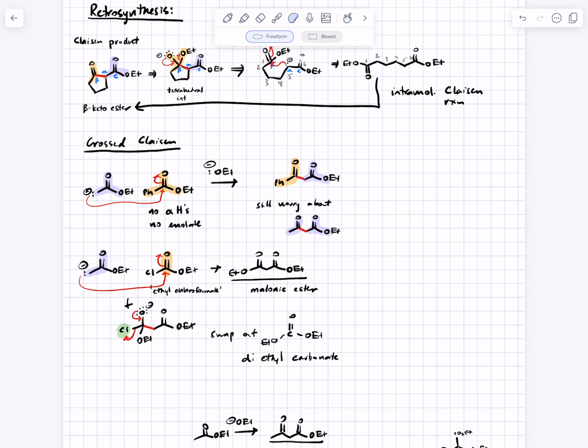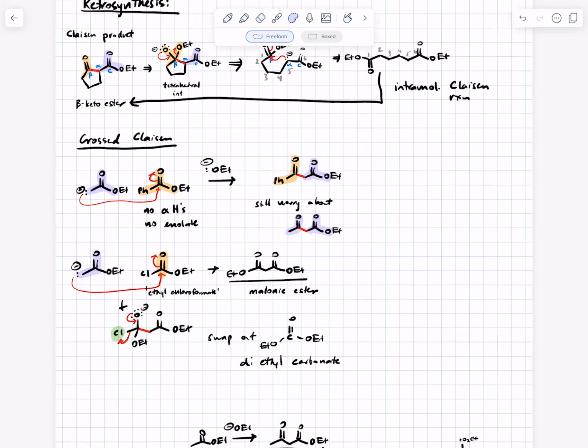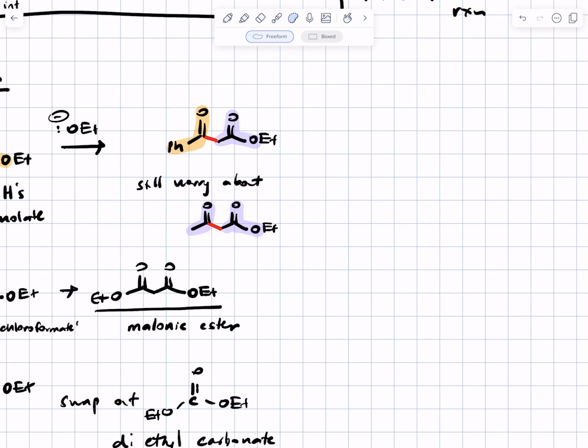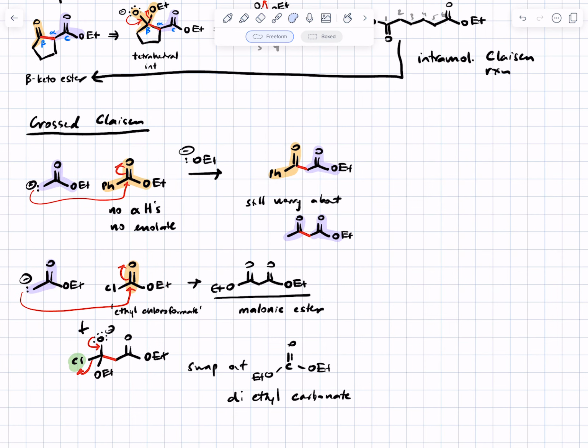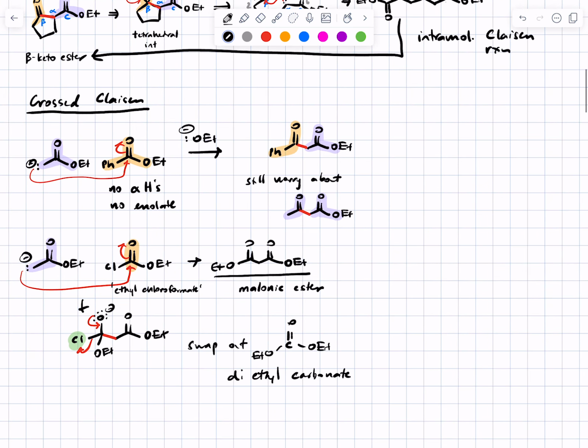So during the break, there was a question that reminded me of something that we didn't do in the cross-Claisen reaction. It's not very new. It's a variation, though, on it that I think is worth mentioning briefly. The thing that really makes the Claisen a Claisen, I got my old guy glasses out here because I'm looking at the textbook, is the fact that the electrophile is an ester that has a leaving group on it.